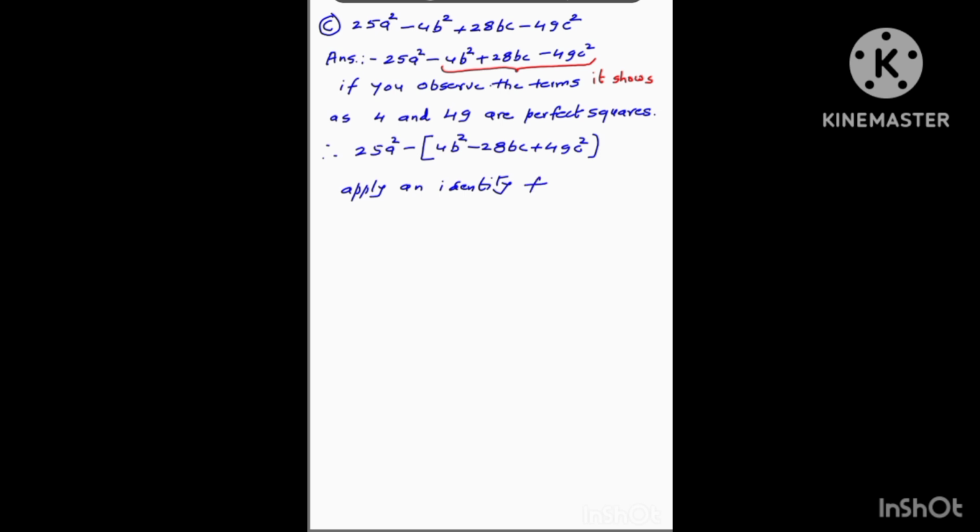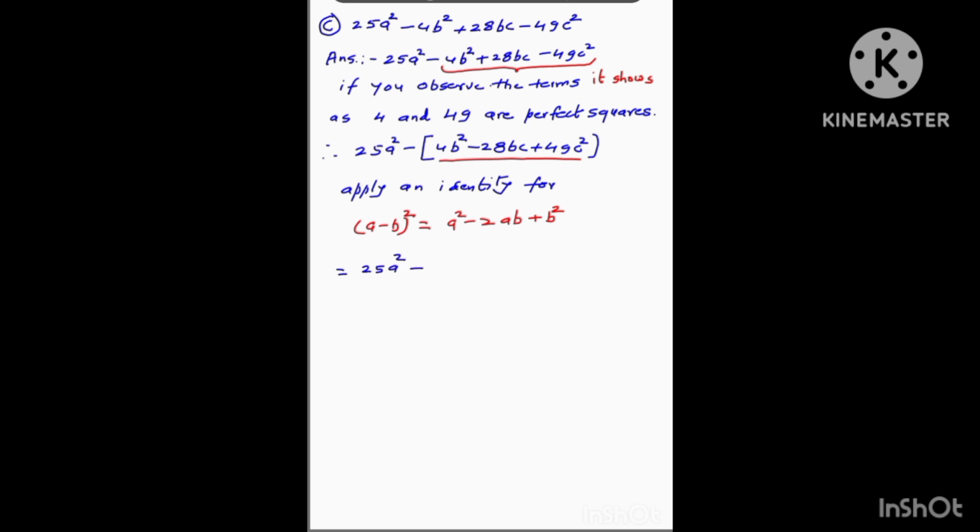Which identity? Let us see. If you are thorough with your identities, then you need not think much about this. See, I have taken minus common for this, okay. Have you observed that? That is what you have to do. So the square term should be plus, then you can apply. Just see a and b, even if there is a negative sign, a square is positive and b square is also positive.